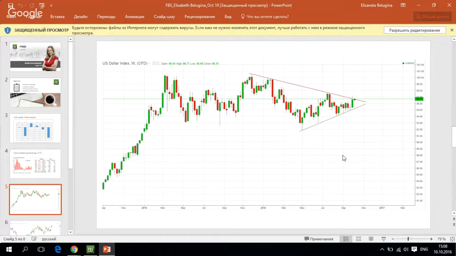There are still doubts because there wasn't a weekly close above the resistance level, and it means that the US currency is actually vulnerable to test lower levels, to return to its consolidation range within this triangle, which is painted on the chart, and to slide to levels around 96 and probably even 95. At these levels, the US dollar index will have support.